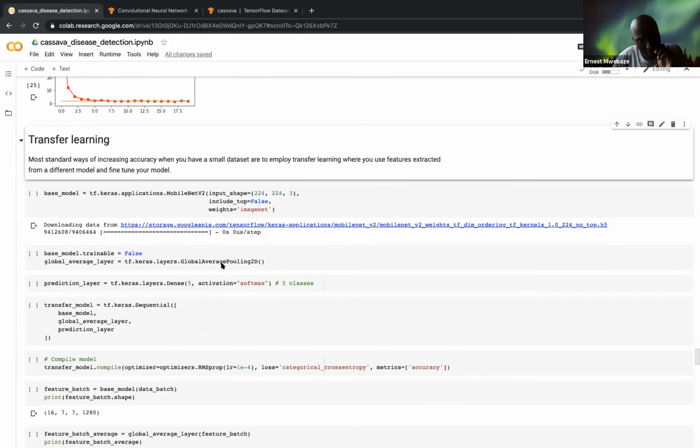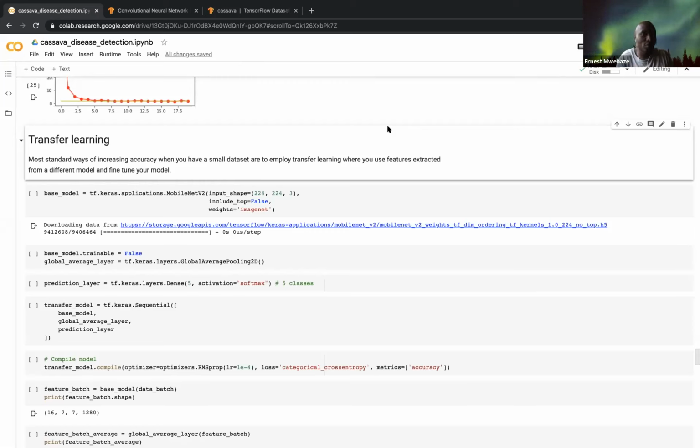And so one way to do this is to do transfer learning. You can increase the performance, particularly on a small data set, by transfer learning, where we use features extracted from maybe a larger image set or a larger model, in this case for image classification, that was already built, and we can transfer what was learned there.